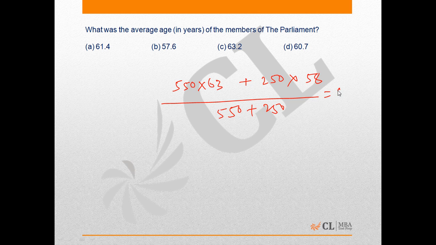Therefore, the required average is 60.4, which is option A.